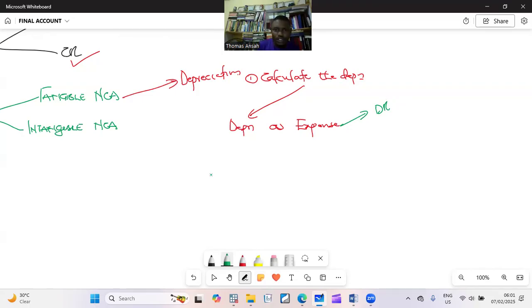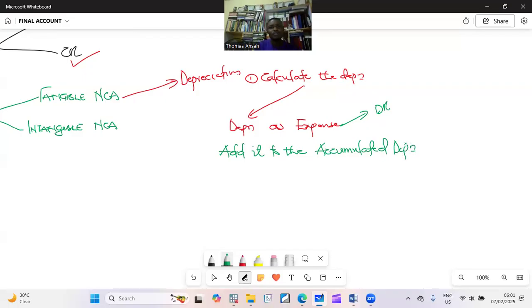Now, not only that, because it is in the footnote and it has to be treated twice, what will you do? You will add that depreciation that you calculated. So add it to the accumulated depreciation. And where is the accumulated depreciation?